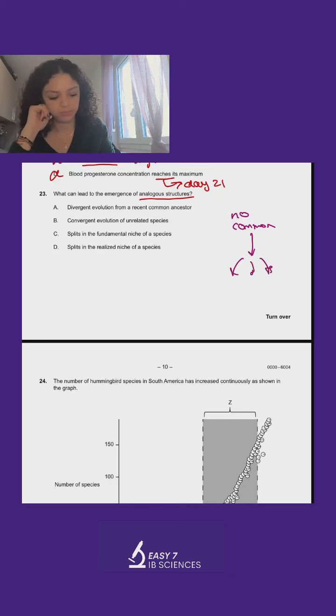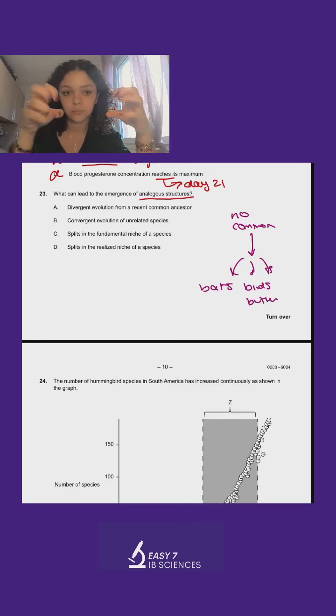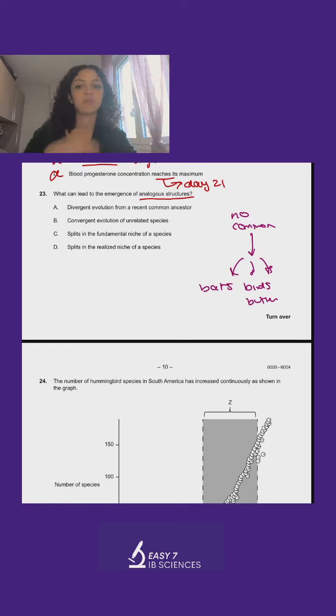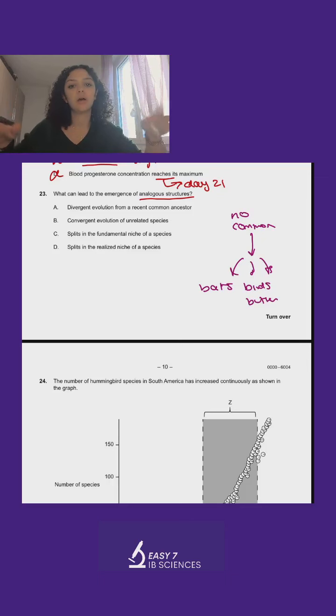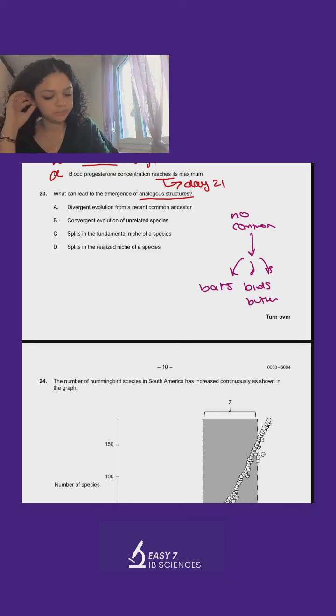What's a good example? You can think of bats. They have wings. Birds, they have wings. Butterflies, they have wings. Did they all originate from the same common ancestor? No, they didn't. But they have the same structures because they live in a specific habitat or an environment where they require to fly. Okay, so that's a good example of an analogous structure.